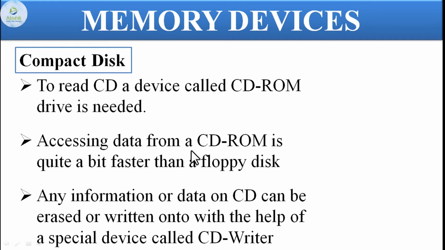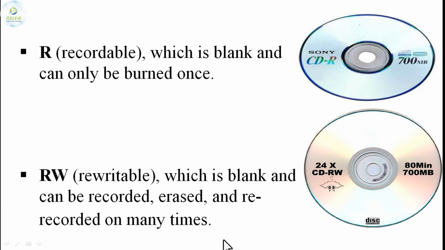Accessing the data from a CD-ROM is quite a bit faster than the floppy disk and even the hard disk. Any information stored onto the CDs can be erased and rewritten with the help of a special device called a CD writer. Okay, so it writes the information. The process we call burning.